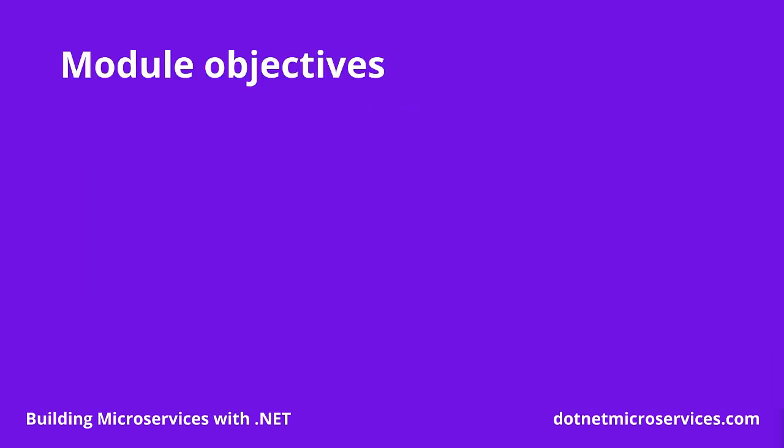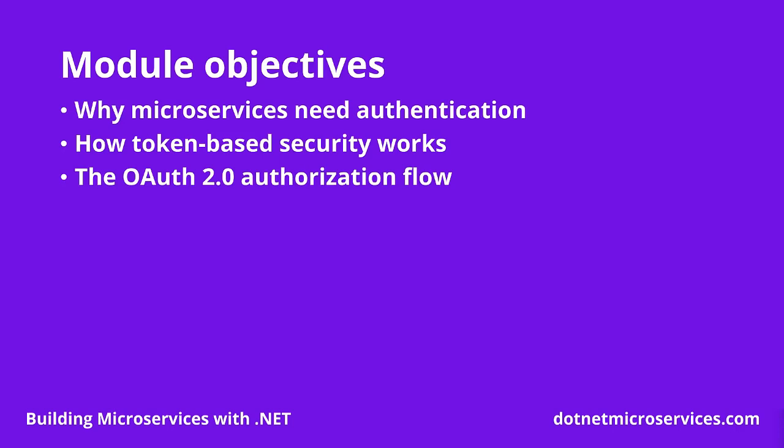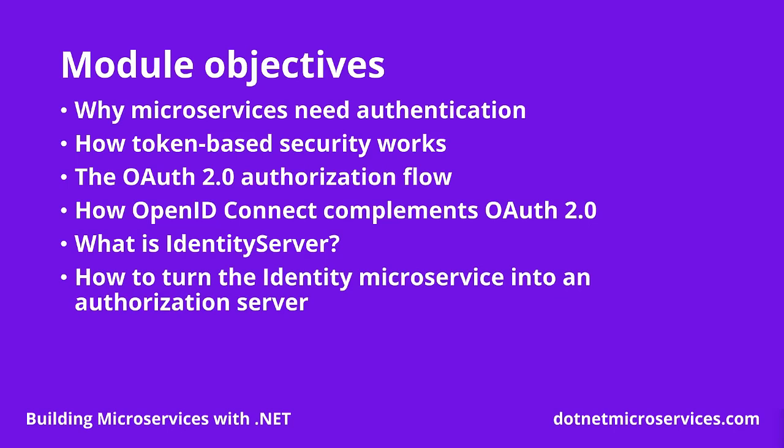By the end of this module, you will have a solid understanding of the following: why a microservices-based system needs authentication, what is and how token-based security works, what is OAuth 2 and the participants and steps of the authorization code flow, what is OpenID Connect and how it complements OAuth 2, what is Identity Server and how it relates to OAuth 2 and OpenID Connect, and how to turn our existing identity microservice into an authorization server. Let's get started.